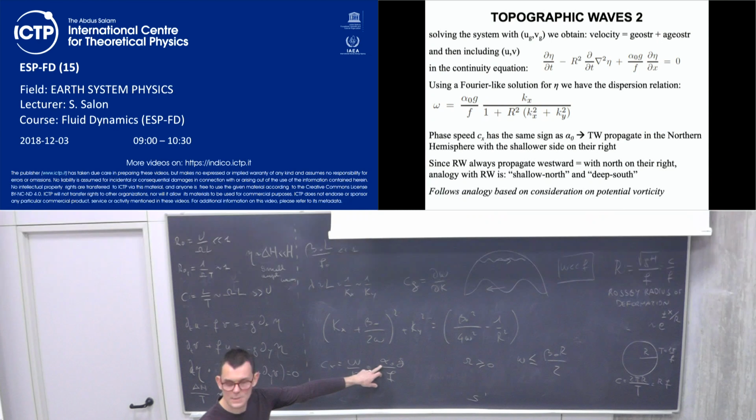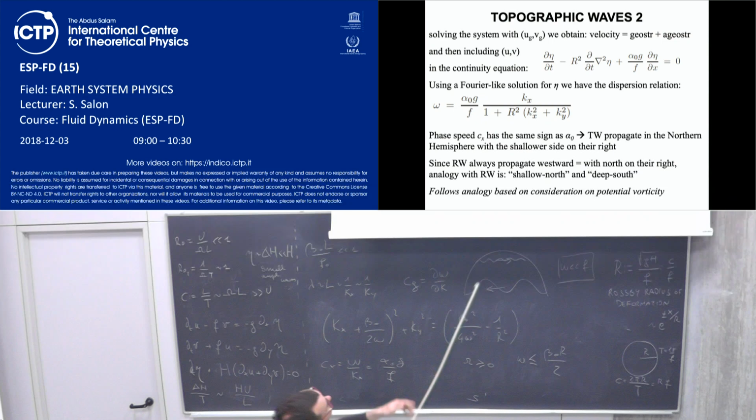So when alpha 0 is positive, Cx will be positive and will go eastward. When alpha 0 is negative, Cx will be negative and so will go westward. So basically, the topographic waves will propagate in the northern hemisphere, considering F positive, with the shallower side on their right. Shallower side on their right.